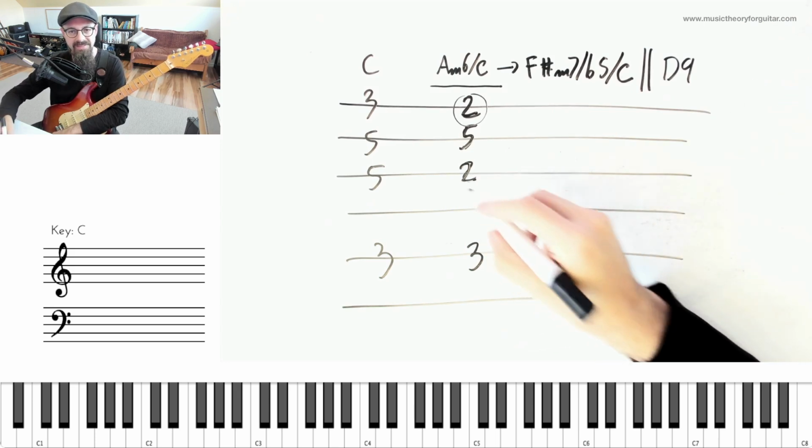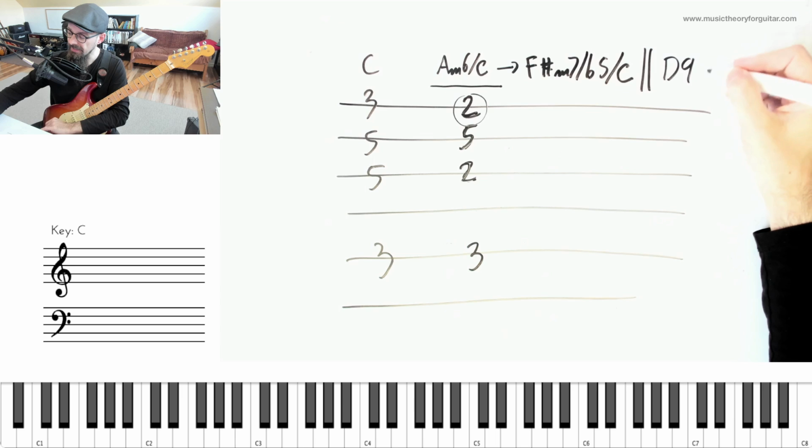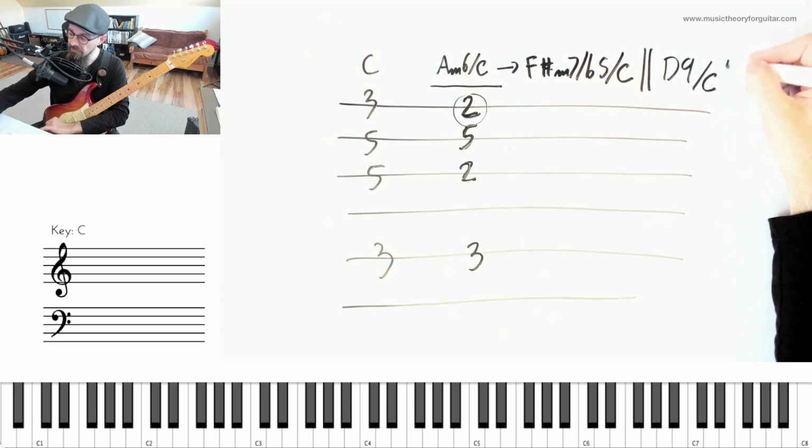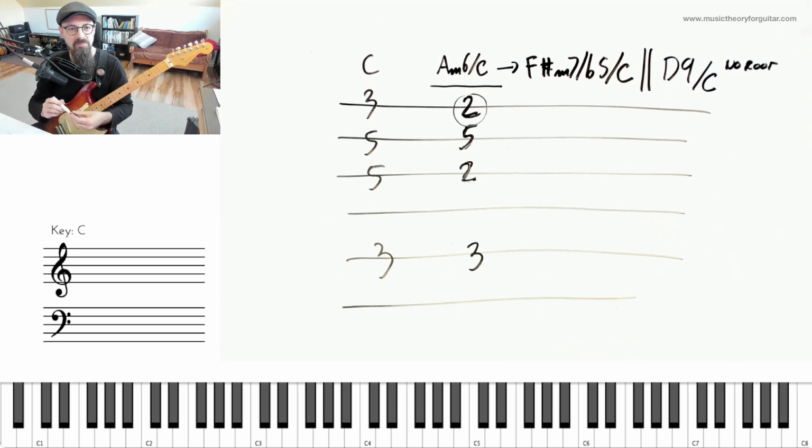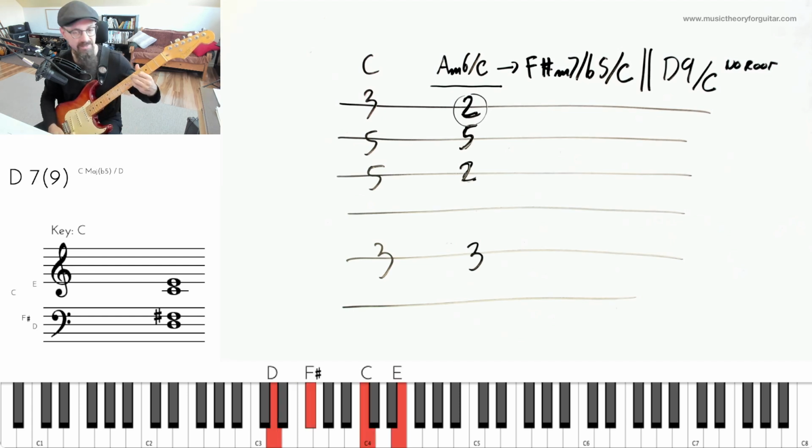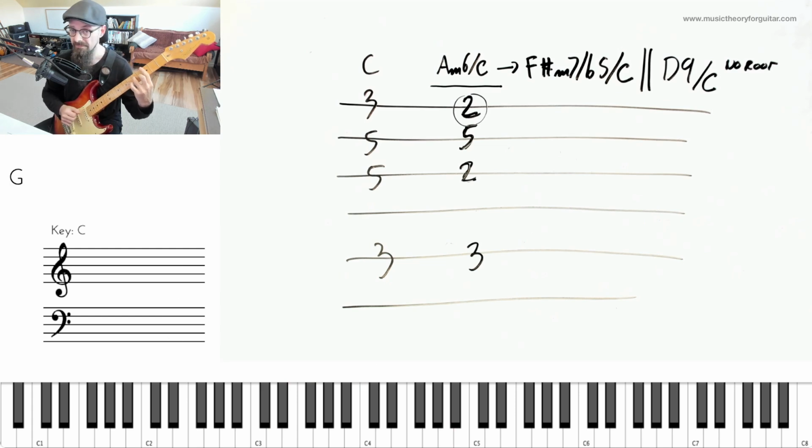There is no D inside here, but think of it as a D9 with a bass of C and no root. That would actually be the best way to think about it, because it tells you where it resolves. This chord can easily resolve to G, like a D9 would resolve to a G.